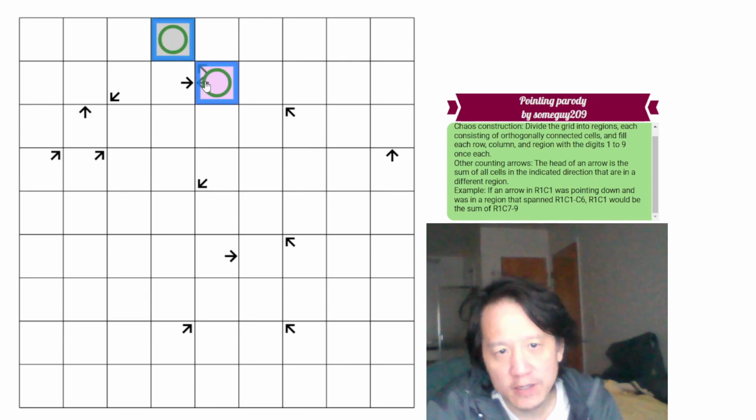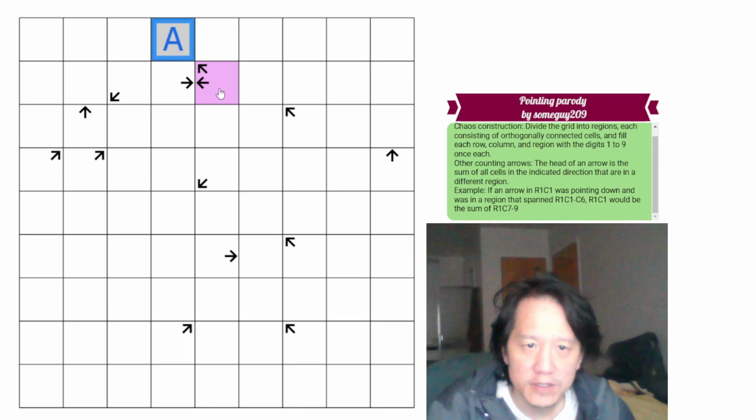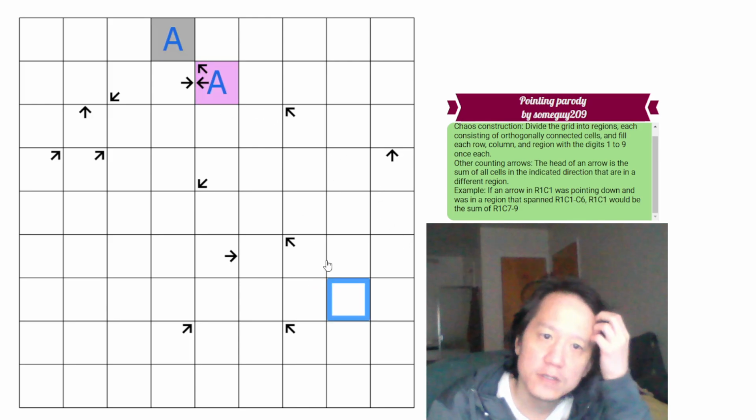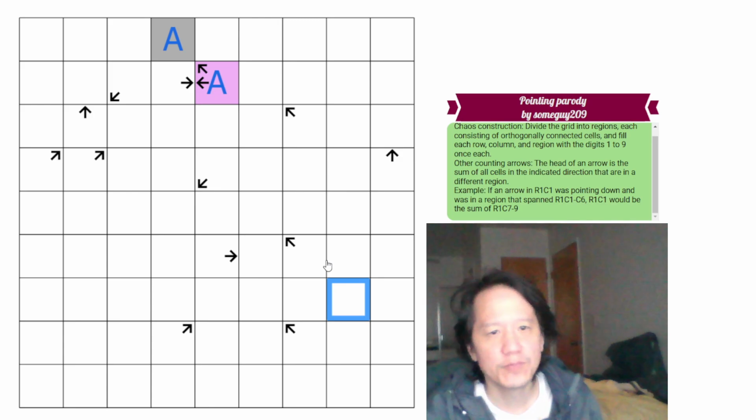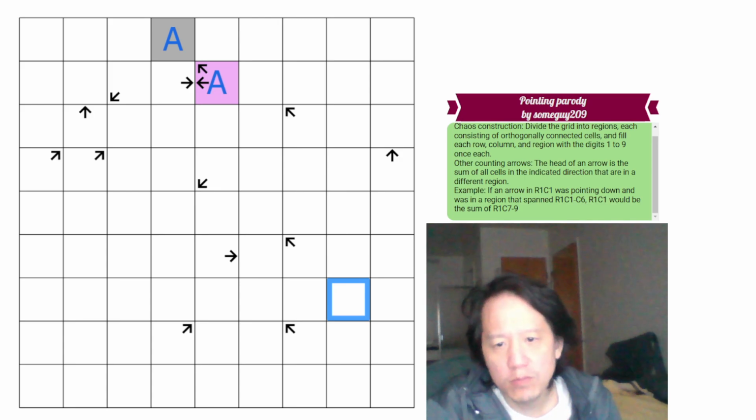Maybe we can use letters here. So this has to be the same as this. We're not sure what though.